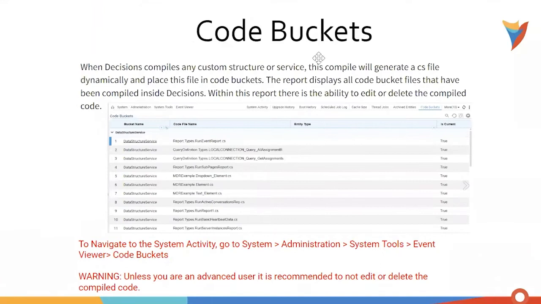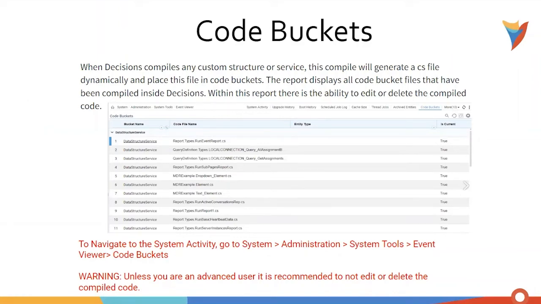And now we have code buckets. When Decisions compiles any custom structure or service, the compile will generate a CS file dynamically and place this file in code buckets. The report displays all code bucket files that have been compiled inside Decisions. Within this report, there is the ability to edit or delete the compiled code.